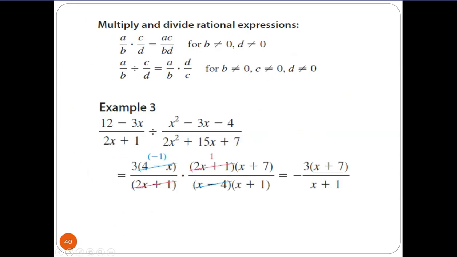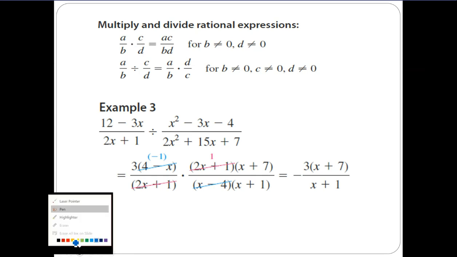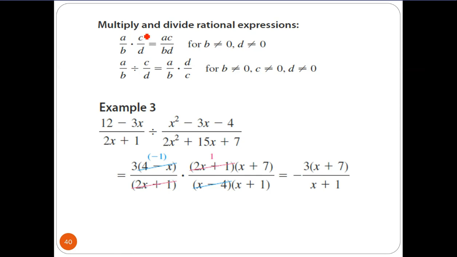If we have multiplication in a fraction, just multiply the numerator with numerator and denominator with denominator. Multiply the numerators together and the denominators together. Okay? All denominators must be not equal 0, the first and the second denominators.